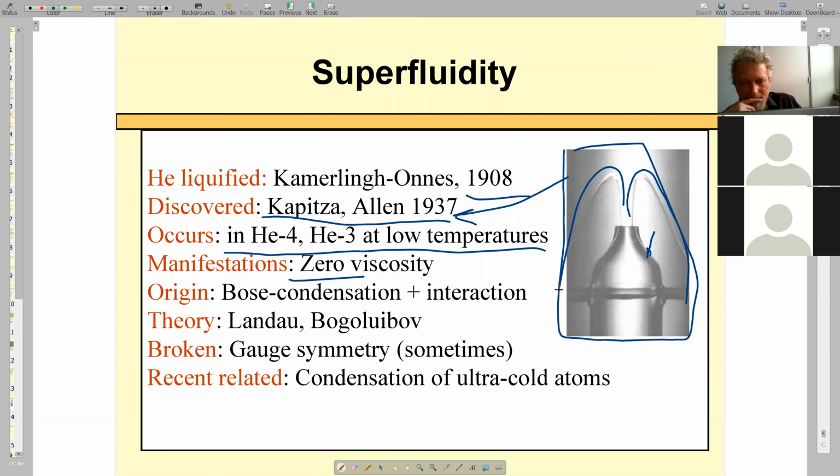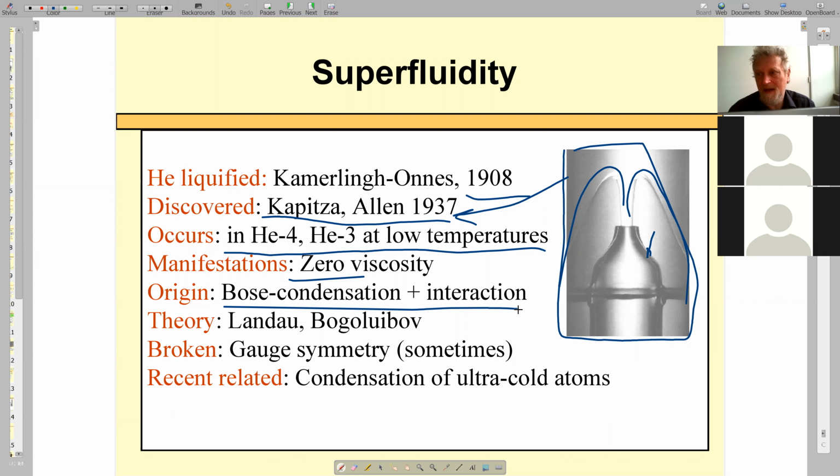It did so until all the liquid from this vessel went out. It's interesting that superfluidity could not be cracked for a long time, but for superconductivity, everybody knew what it was about. Superfluidity happens for bosons.